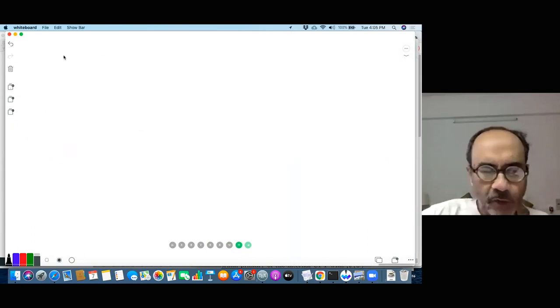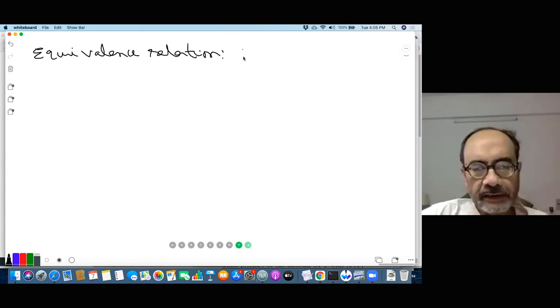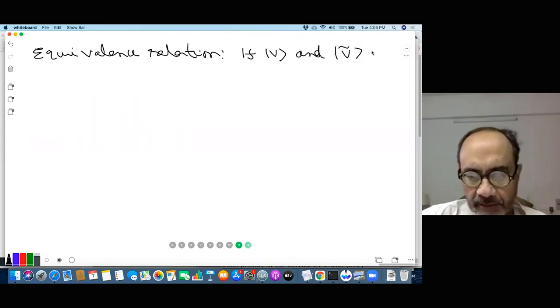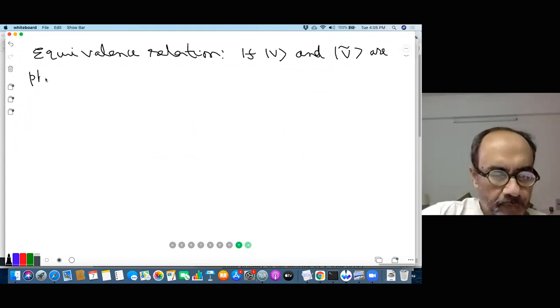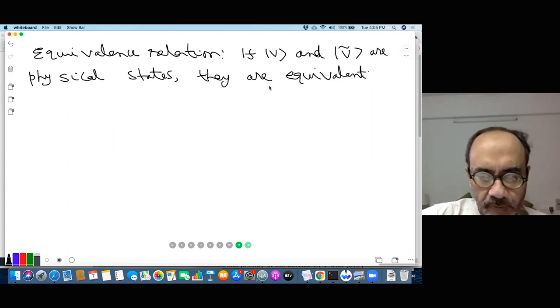But there is something more, and that's an equivalence relation. So if V and V tilde are physical states, they are equivalent in the sense that they describe the same physical state.